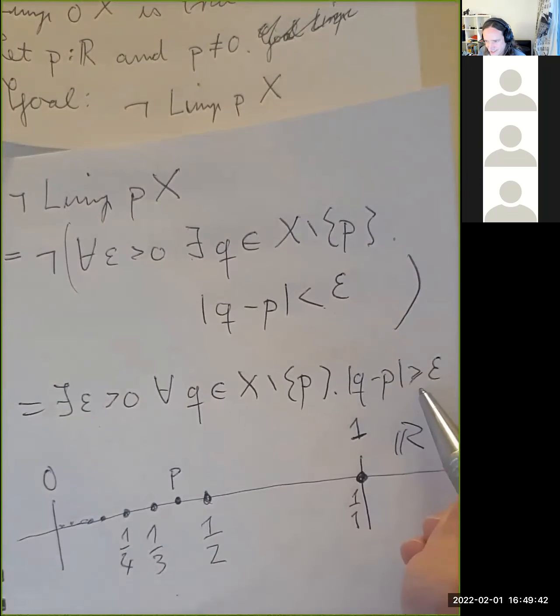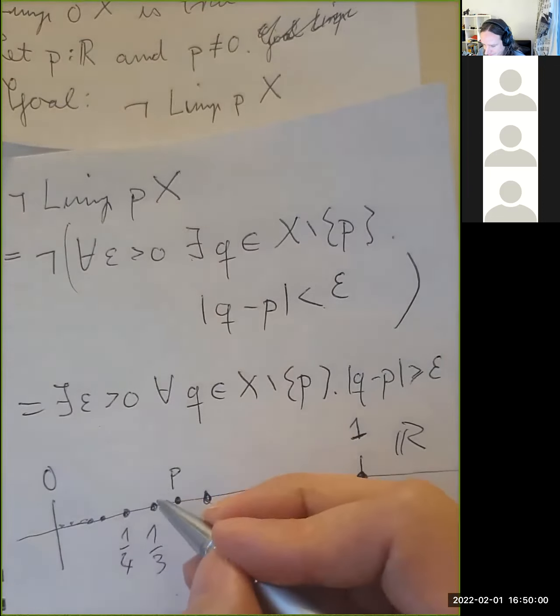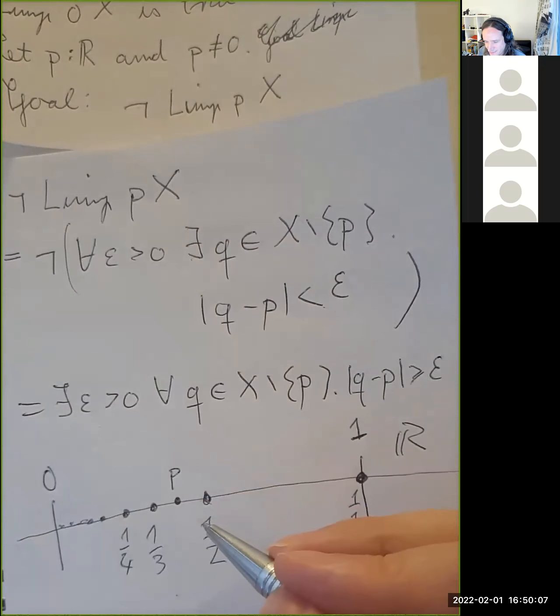Further away or exactly epsilon, but yeah, we want to satisfy it, so we can just say further away is good. So we want an epsilon such that q is further away from p than epsilon. So what does it mean as a picture? An epsilon such that all q, all points in X, are further away than epsilon.